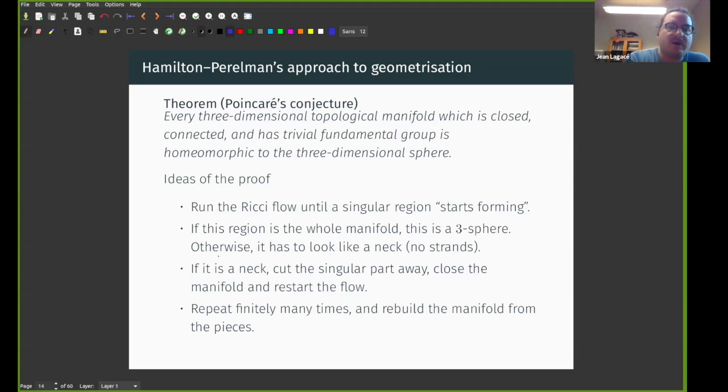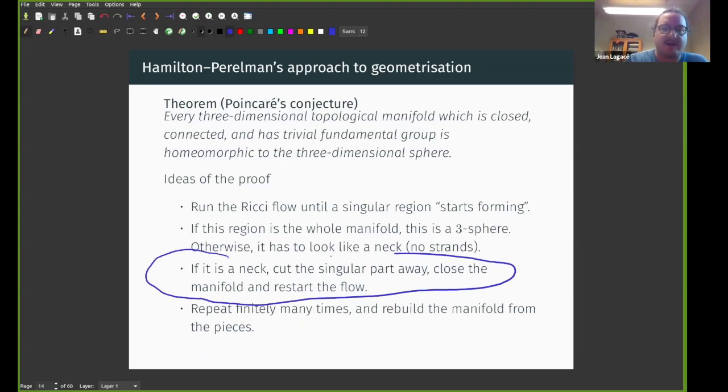And what I want to focus on right now is this part here, because the reason why you want to cut this neck is you want to kill off the region where the curvature is high and restart with a manifold that hasn't yet developed the singularities. You can show that the only way the singularities can develop is by sending the curvature to infinity.